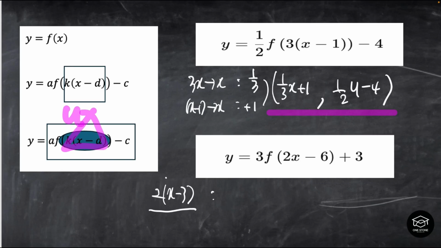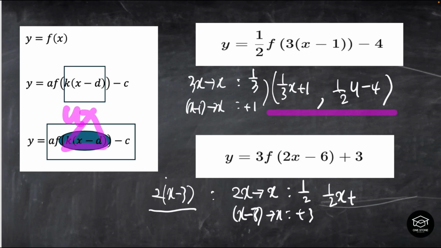Now let's find the x transformation. To undo the multiplication by 2, we use 1/2. To undo x minus 3, we add 3. That means a horizontal compression by a factor of 1/2 and a shift to the right by 3 units. So the new x-coordinate is 1/2 times x plus 3.